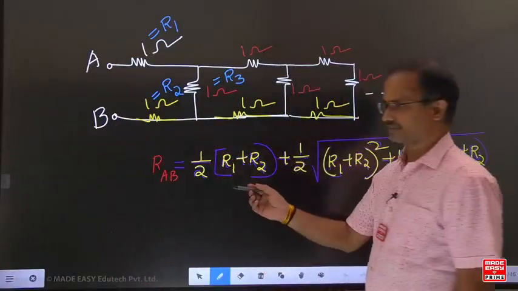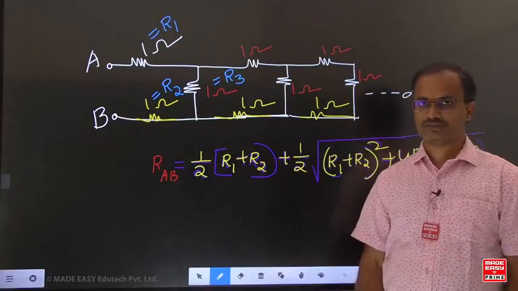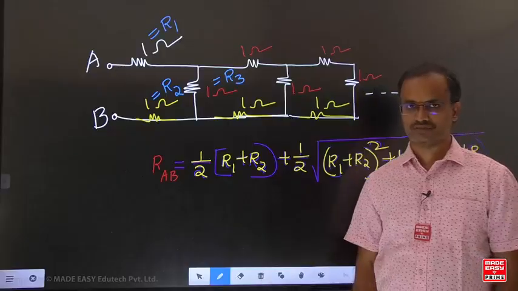Whenever you are applying this formula, this is one standard formula for this model of questions.